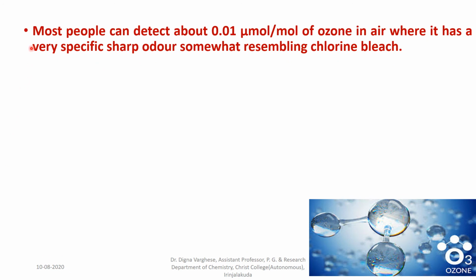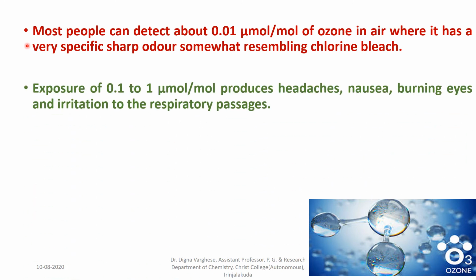Most people can detect about 0.01 micromole per mole of ozone in air, where it has a very specific sharp odor, somewhat resembling chlorine bleach. Exposure of 0.1 to 1 micromole per mole produces headaches, nausea, burning eyes, and irritation to the respiratory passages.